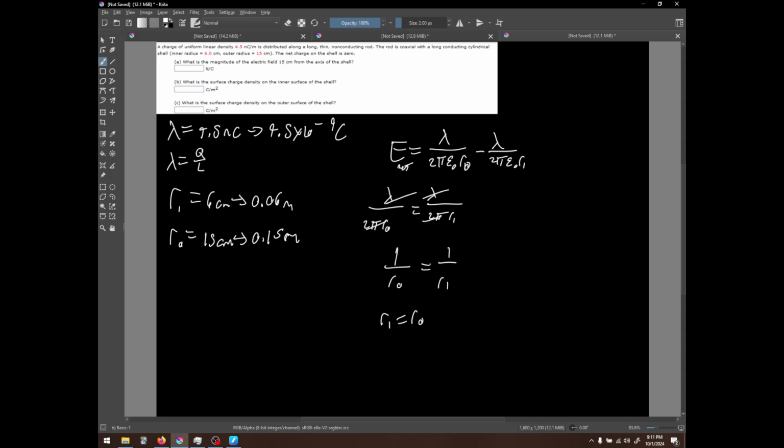Why is it always like that with me? What am I getting? 0.6 equals 0.15? Am I looking for the ratio? Clearly not. Okay. I'm overcomplicating a very simple thing.